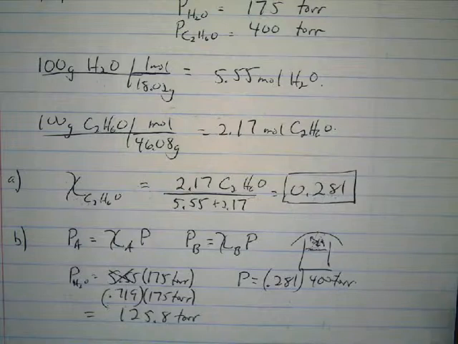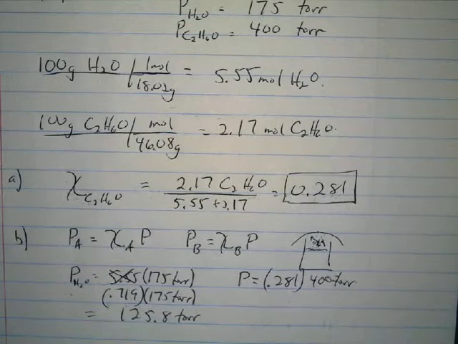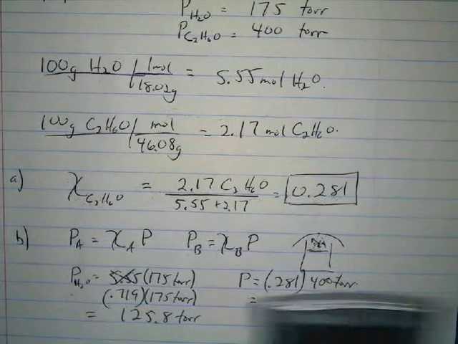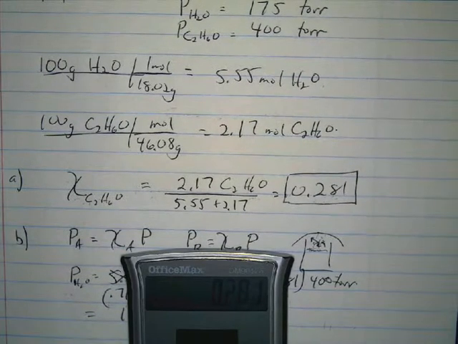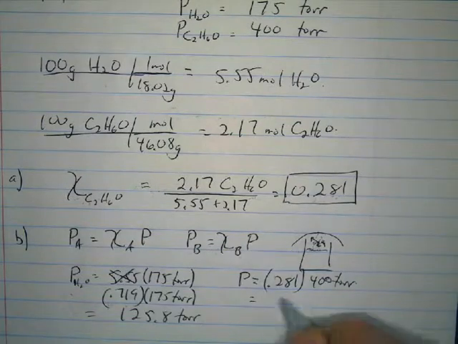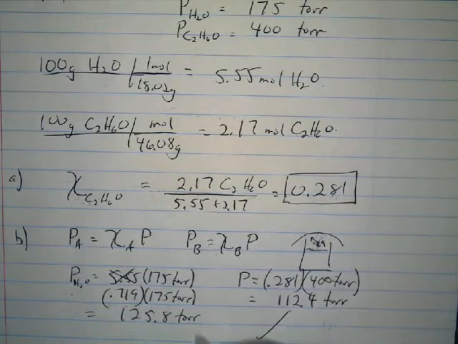It has lower LDFs holding it together because it is a less polar substance than the water is. So 0.281 times 400 is 112.4. And so 112.4 torr for that one.